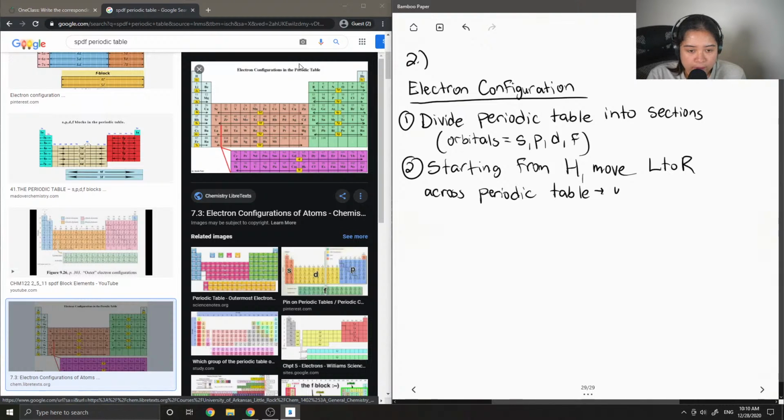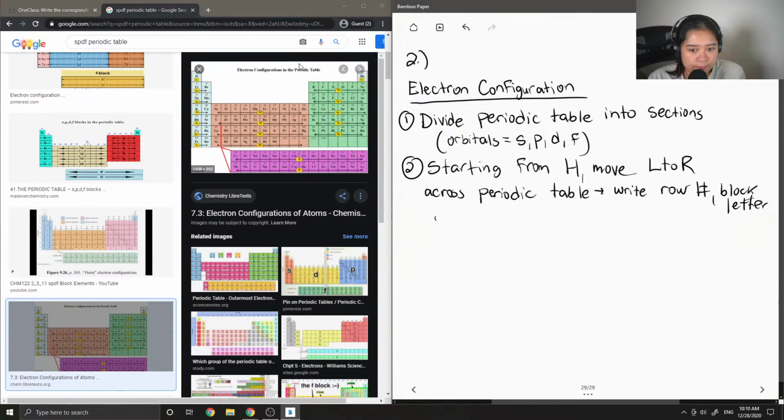And then you write your row number followed by the block letter. And then once you get to the D orbital, you write the row number -1.